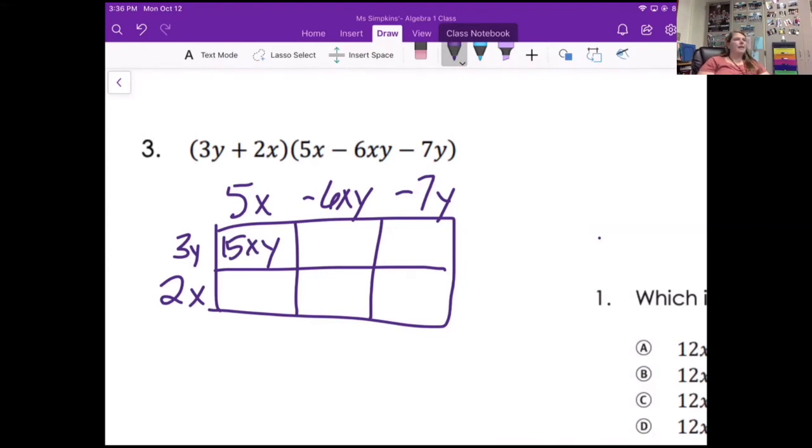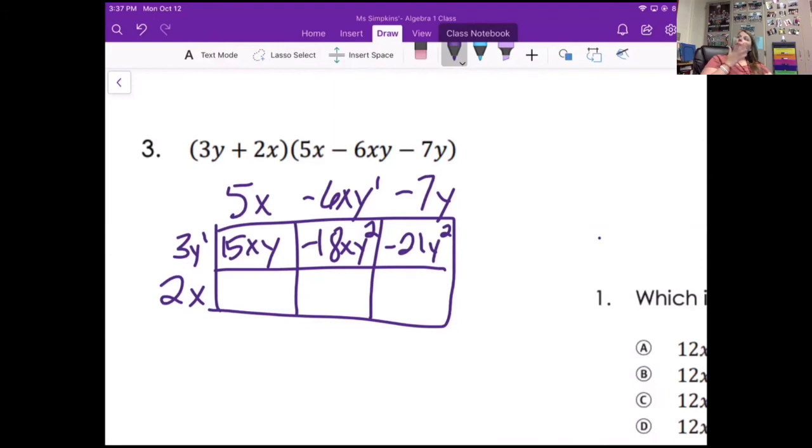3y times negative 6xy would be negative 18xy squared. We're getting y squared because we have y to the first and y to the first. When we combine those, we get y to the 2nd power. And then 3y and negative 7y would be negative 21y squared. So that's our top row.